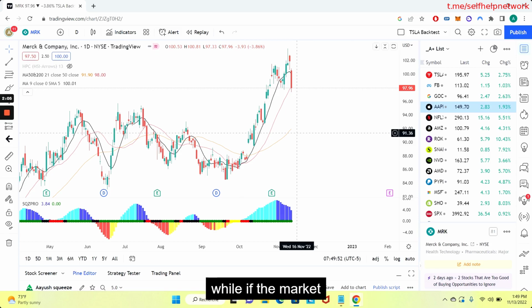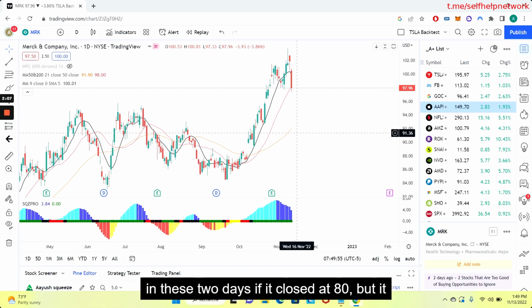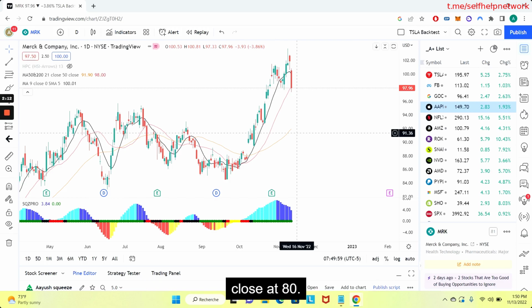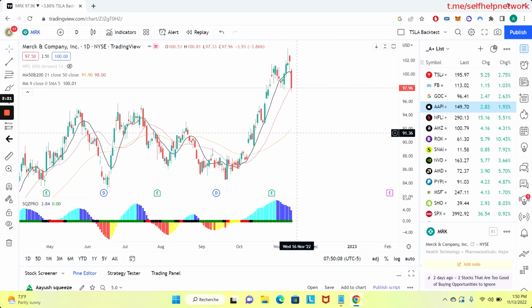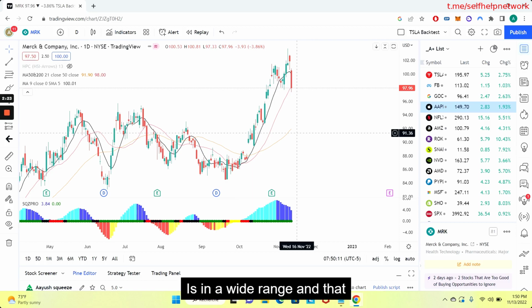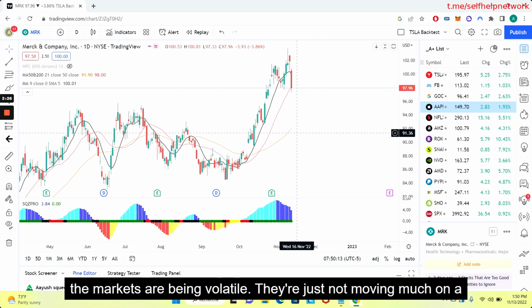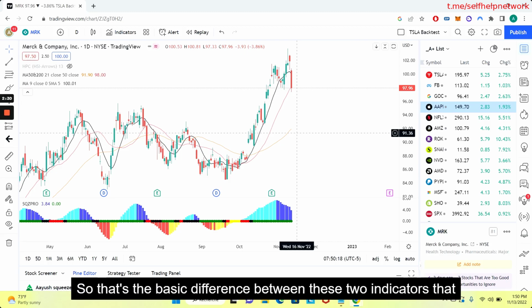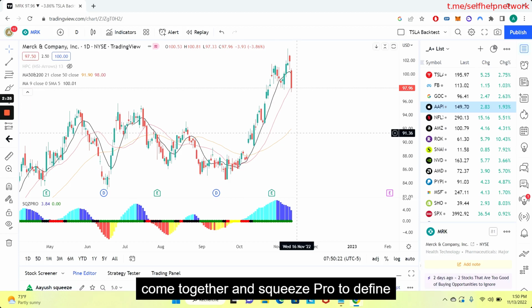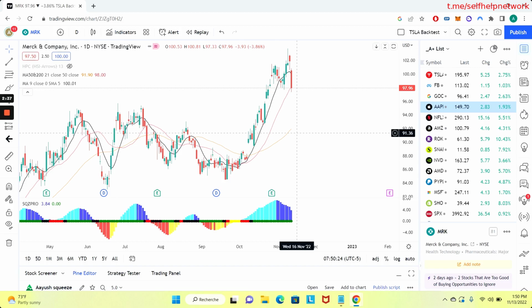While if the market in these two days closed at 80, but moved to 85 and then 75 and then closed at 80, Bollinger Bands won't show much of a difference, but Keltner channels will recognize that the high and the low is in a wide range, and that the markets are being volatile. They're just not moving much on a day-to-day basis. So that's the basic difference between these two indicators that come together in Sqzpro to define a consolidation.